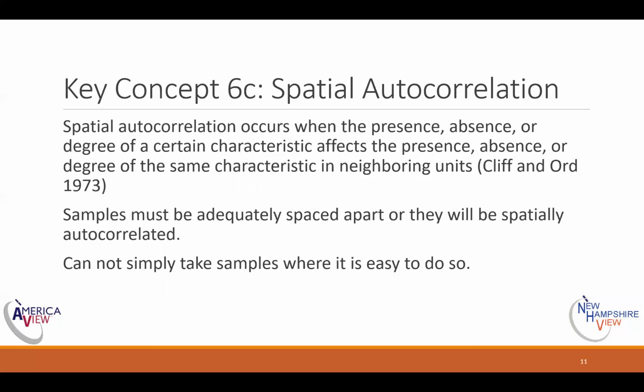So when you do sampling, you want to make sure that you have adequate spacing between the samples you use for your reference data so that you minimize spatial autocorrelation. And as I said before, you just can't simply take the samples where it's easy to do so. You have to spread them out, make sure that there's a good distribution throughout the map.